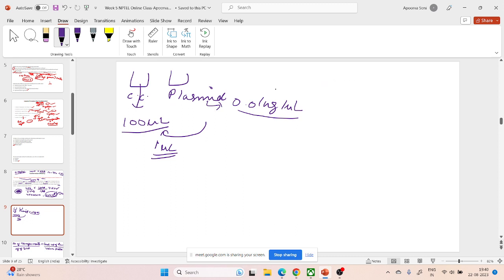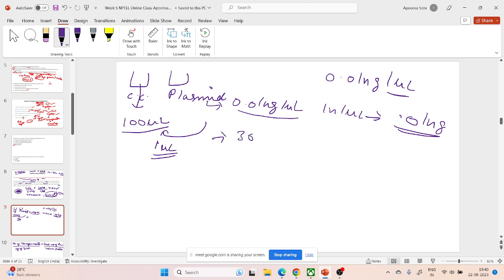Because the concentration is given as 0.01 nanogram per microliter, it means that in 1 microliter, the amount of DNA present is 0.01 nanogram. Up till here, is it fine? Yes, ma'am.